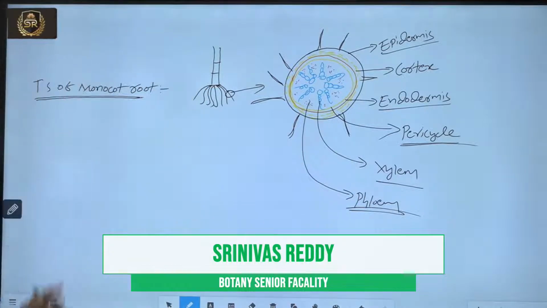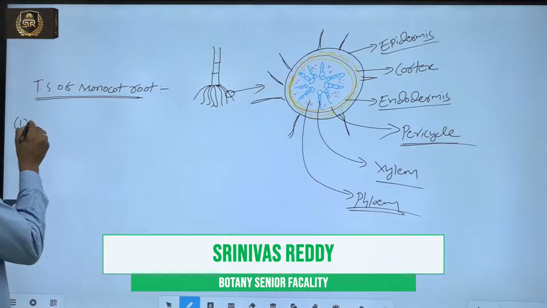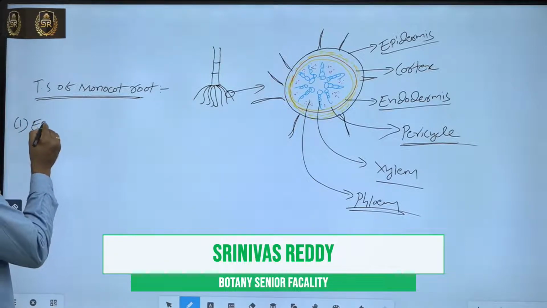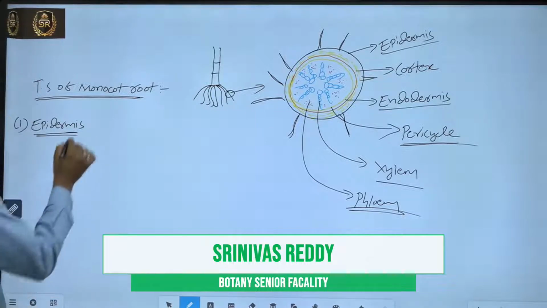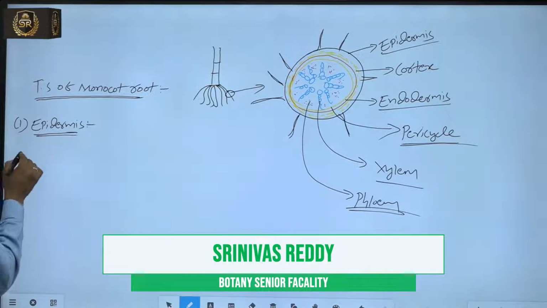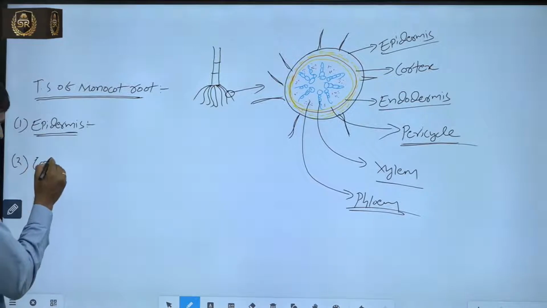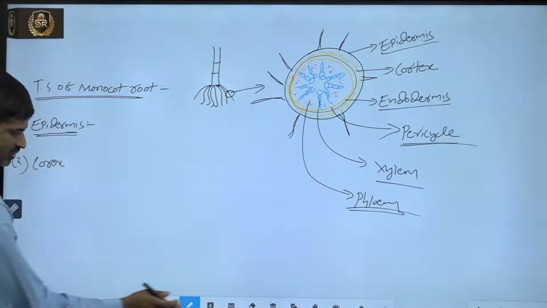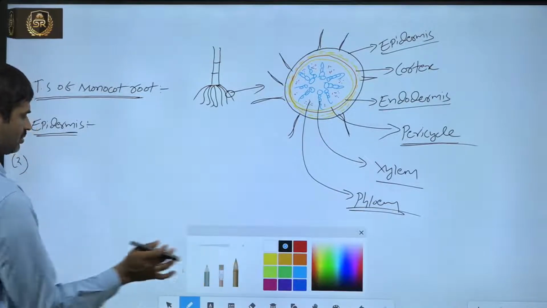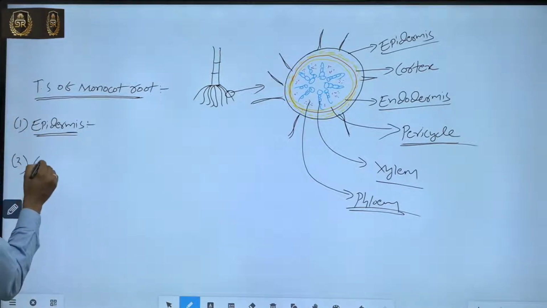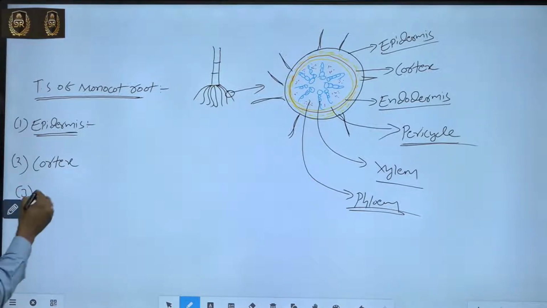Okay, parts of the monocot root. First one is epidermis. Second one is cortex. Third one is endodermis.